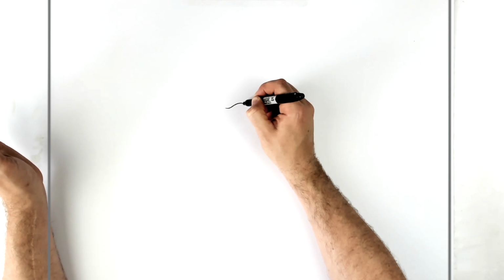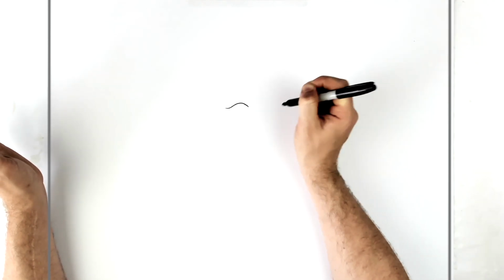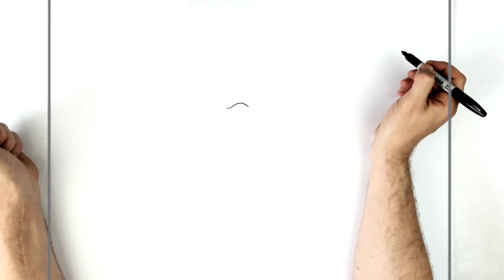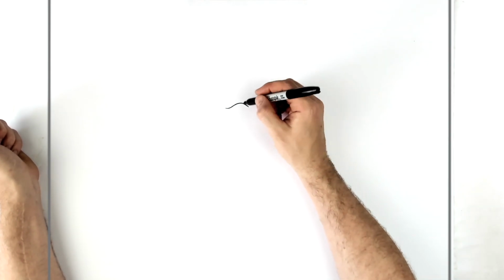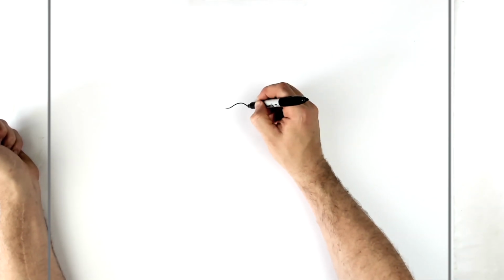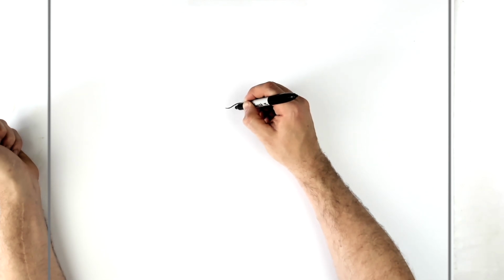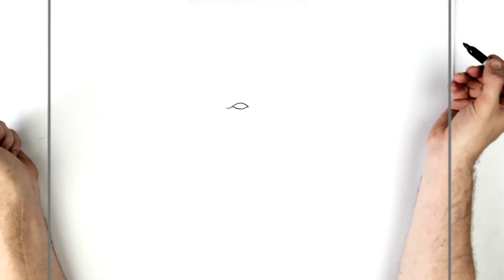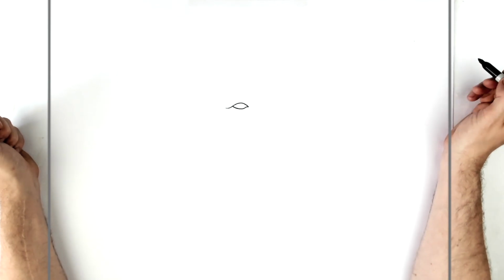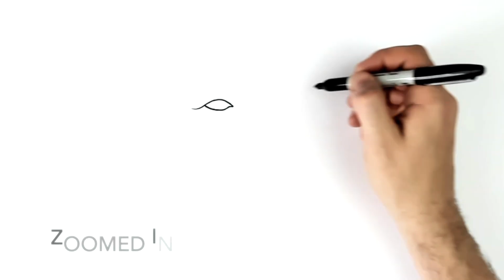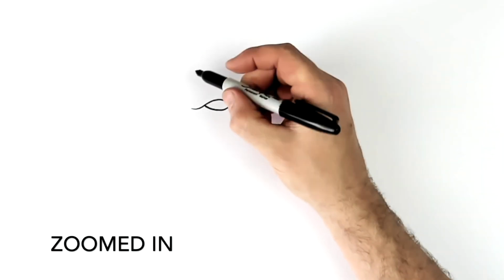So up and down, like so. Got a bit of a tear duct in here, and this will go down, around and up to there. So relatively small eyes. He has an iris inside this golden thing.